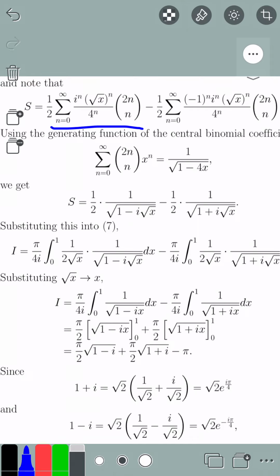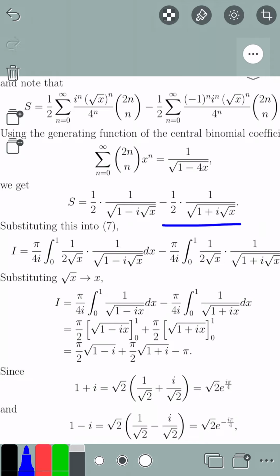So just put them all in, and this is what we get. And then the second series is this, which is 2n choose n times negative i times square root of x over 4, everything to the nth power. So we just put that into the x here, and this is what we get.